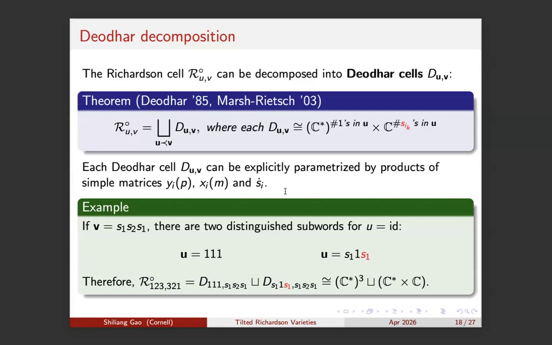And we even have an explicit parameterization using all these C stars and Cs of the Deodhar cell. We can think of them really as a product of some very simple matrices. So again, we use the s1, s2, s1 example. Here we have two distinguished subwords, and the first one has three ones, so the first piece will be isomorphic to C star cubed. And the second one has a 1 and a red s1, so it's isomorphic to C star cross C.